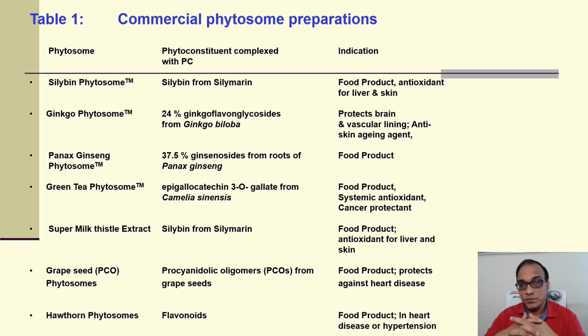They are made from Ginkgo biloba flavone glycosides, ginsenosides, epigallocatechin gallate, and procyanidolic oligomers, PCOs as they are called, and flavones. They are indicated in food products, supplements, and as hepatoprotective, and in some cases in cardiovascular diseases for hypertension, let's say in case of hawthorn phytosomes.